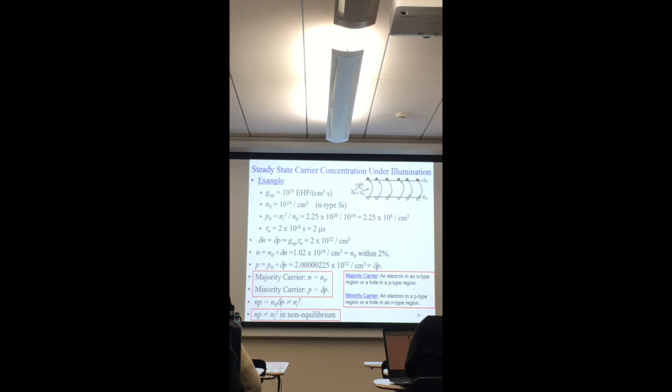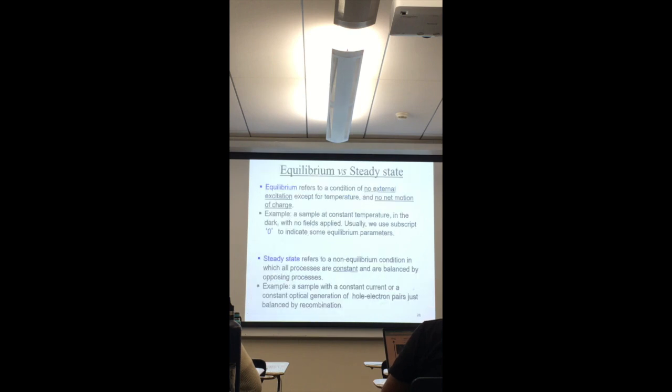If you look at this example, it is a steady state condition, but not in equilibrium, because we have this light, right? It's under illumination, so it's no longer in equilibrium. Or if there's a magnetic field or electric field, then the sample is no longer in equilibrium.